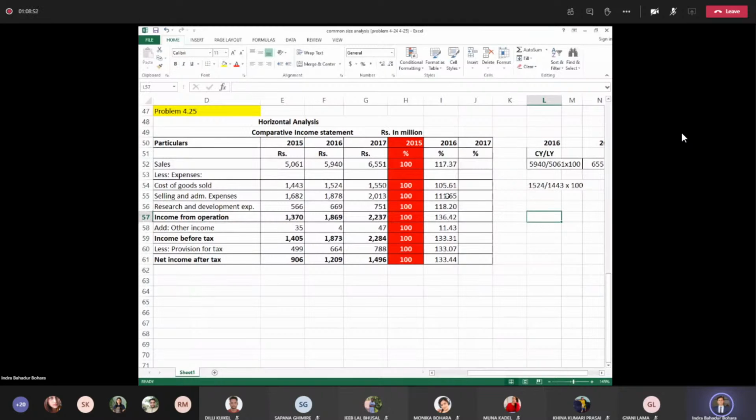Similarly, you calculate the percentage of selling expenses. Then after that, research and development expense, 669 divided by 566, then it is 118.2%. It means 18.2 percentage increase.